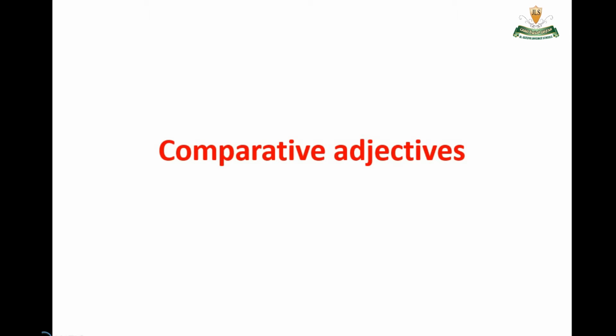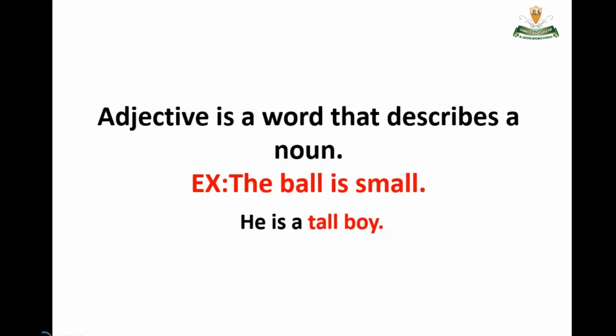First of all, let me remind you that the adjective is a word that describes a noun. So when I say the ball is small, where is the noun? The noun is ball and the adjective is small.